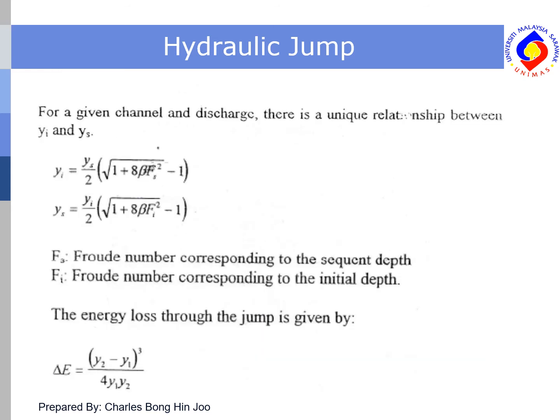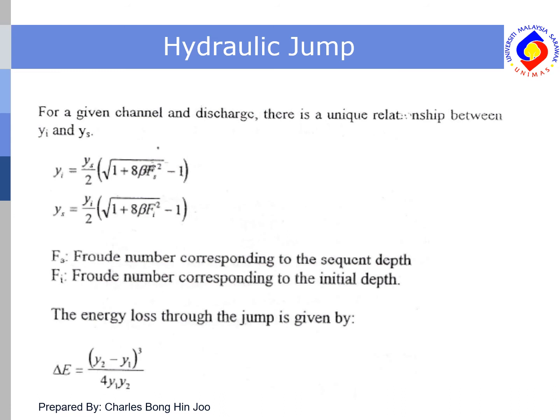So, for a given channel and discharge, there is a unique relationship between the sequent depth and the initial depth. To find the initial depth, if let's say we know the sequent depth, then we can use the top equation, which is y initial equal to y sequent divided by 2 in the bracket square root of 1 plus 8 beta Froude number at the sequent depth squared, minus 1.